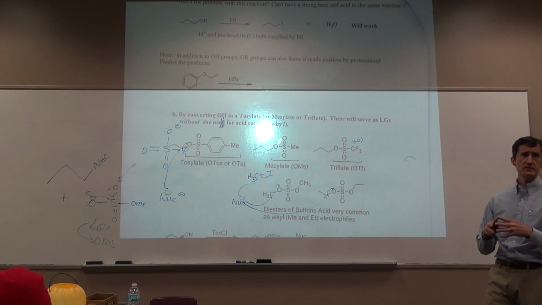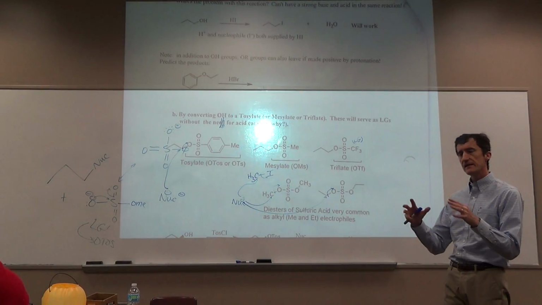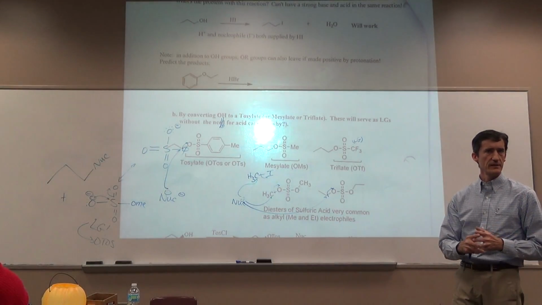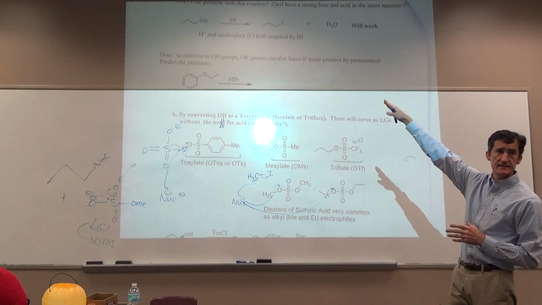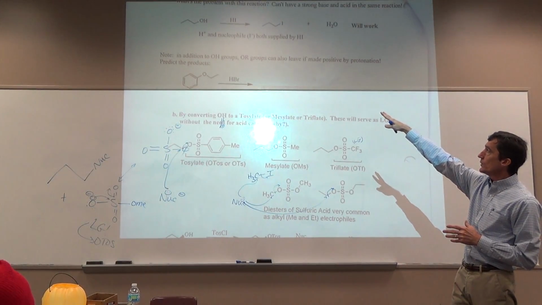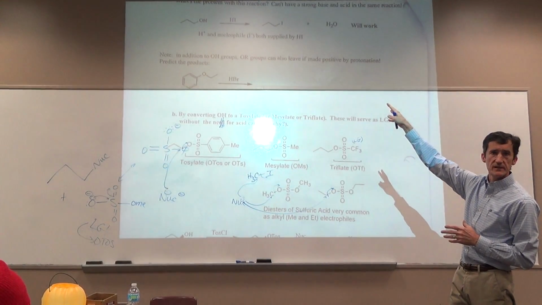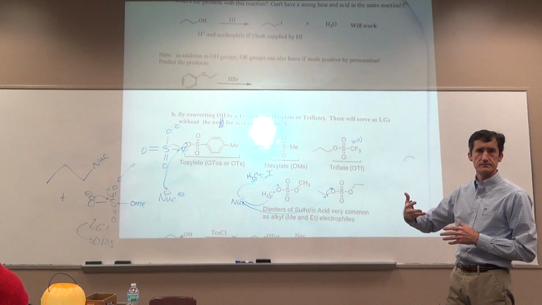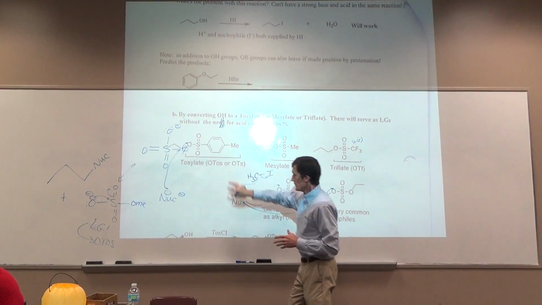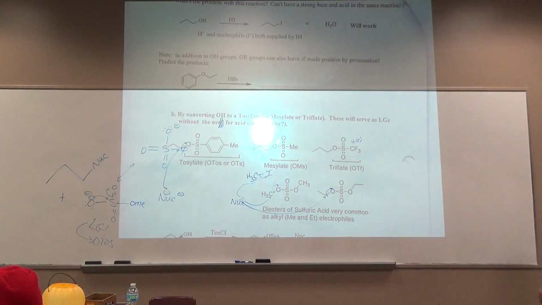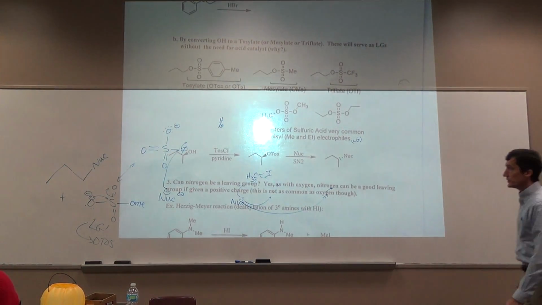The thing about tosylates, though, is you make them and you purify them first, and then you use them. Back up there when we did the acid, the activation of the leaving group occurred just in the mechanism. But here you would actually make this. Well, how do you make them? Shown here.